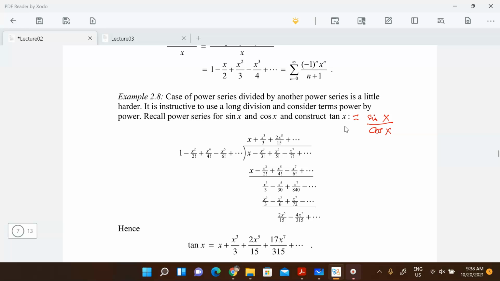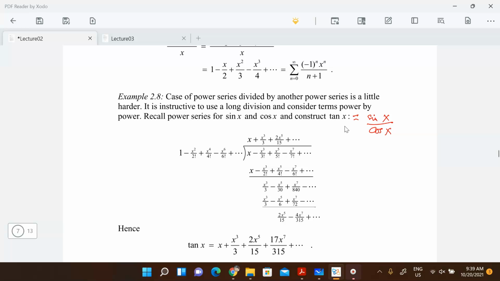And then x to this one will give you x cubed, x to this one will give you x to the fifth. And then you essentially subtract this from the original expression, and you do the same again and again.